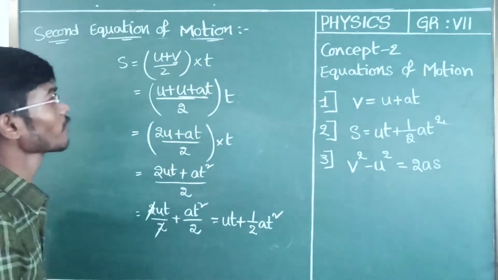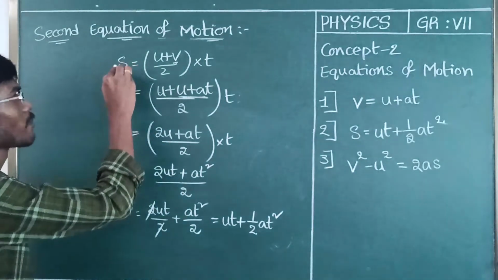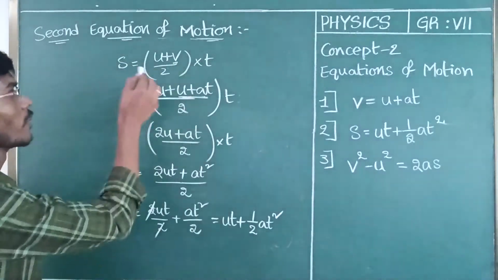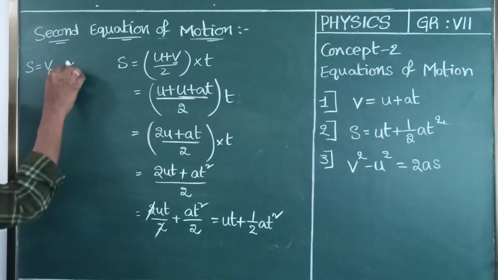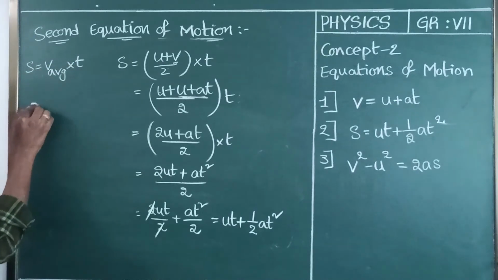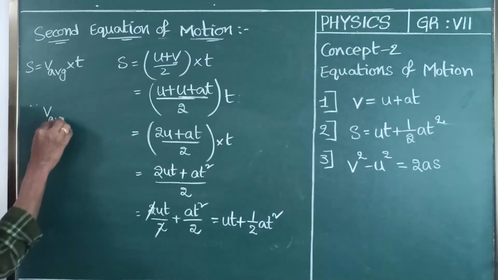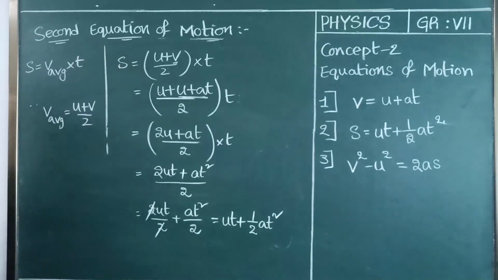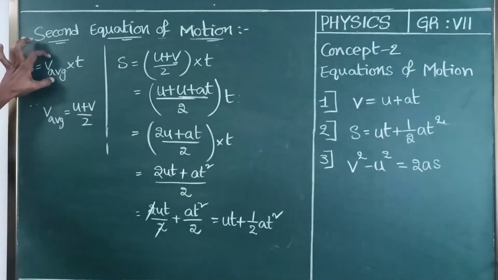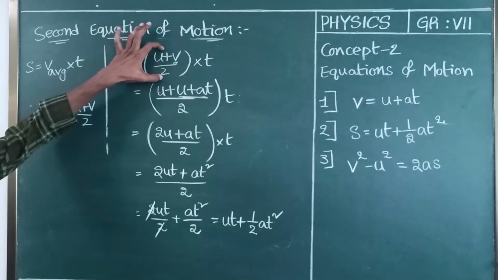So what we have done: from displacement equals v average into t, we have written s is equal to v average into time taken. Since v average is equal to u plus v by 2, in the place of v average we substituted u plus v by 2.